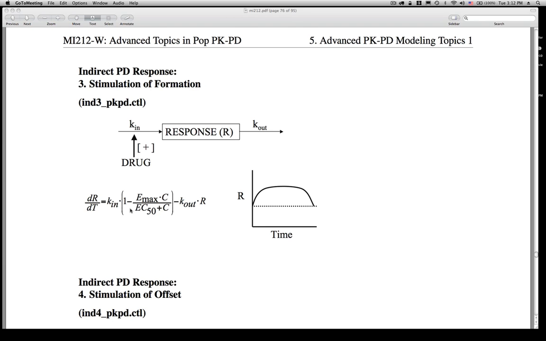So this should be 1 plus Emax times C divided by EC50 plus C. I'll correct that and post. Here we can modulate K in by increasing it as a function of drug concentration. And by increasing K in, you see an increase in response over time and a return to baseline.